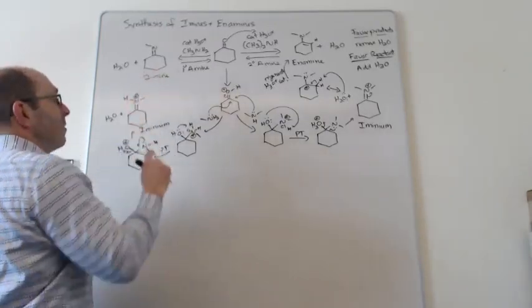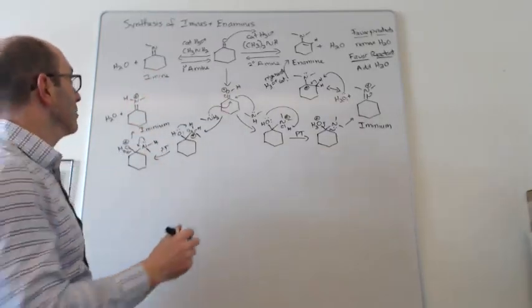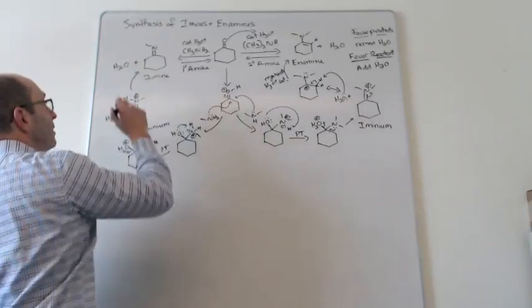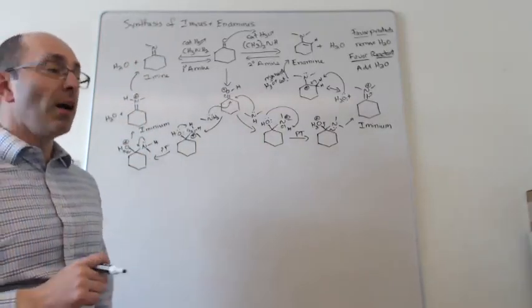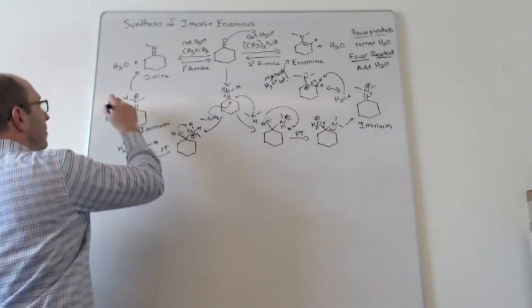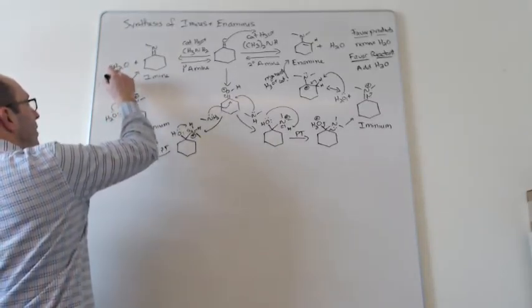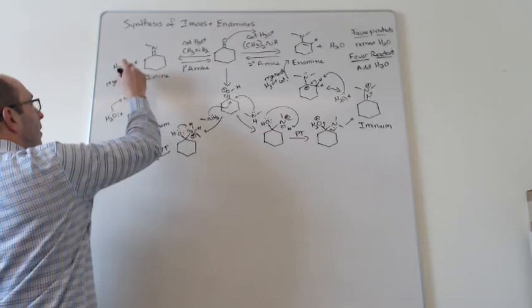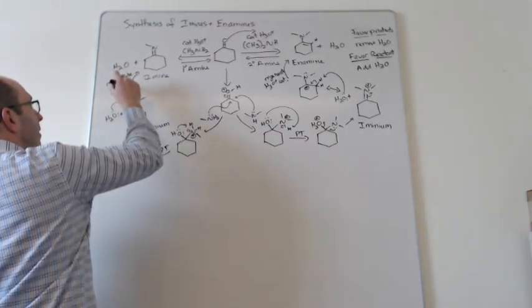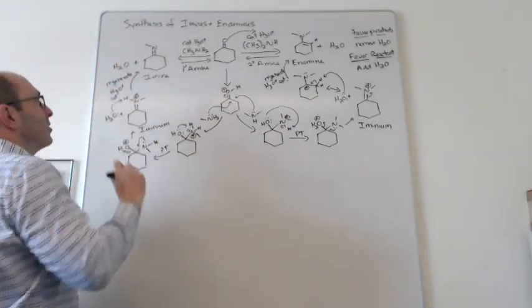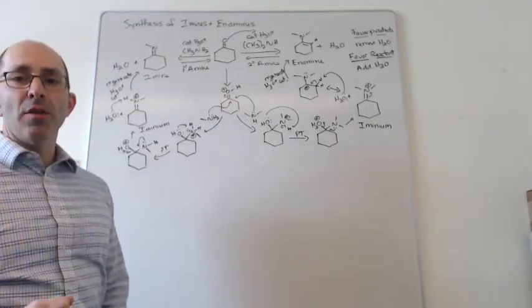And now to get to the imine, this is the simpler of the mechanisms where we just do a deprotonation of the hydrogen on the nitrogen. So that allows us to regenerate our acid catalyst and generate the imine that we need as our product.